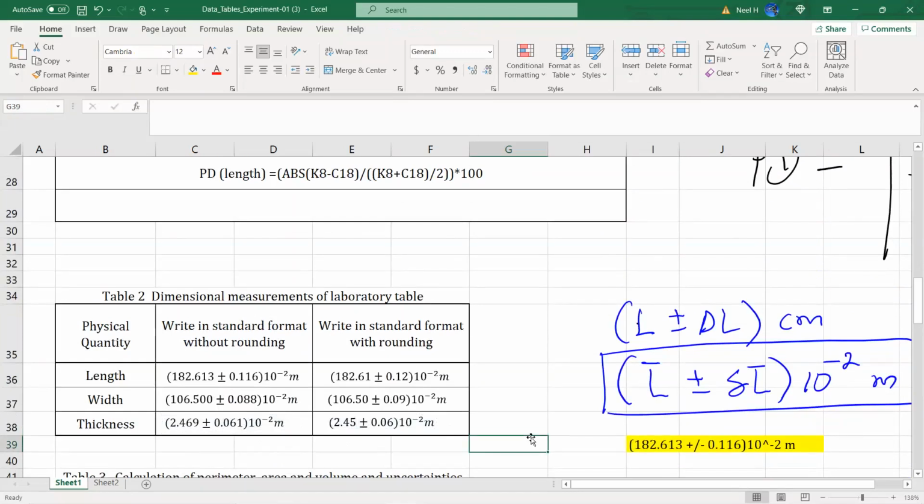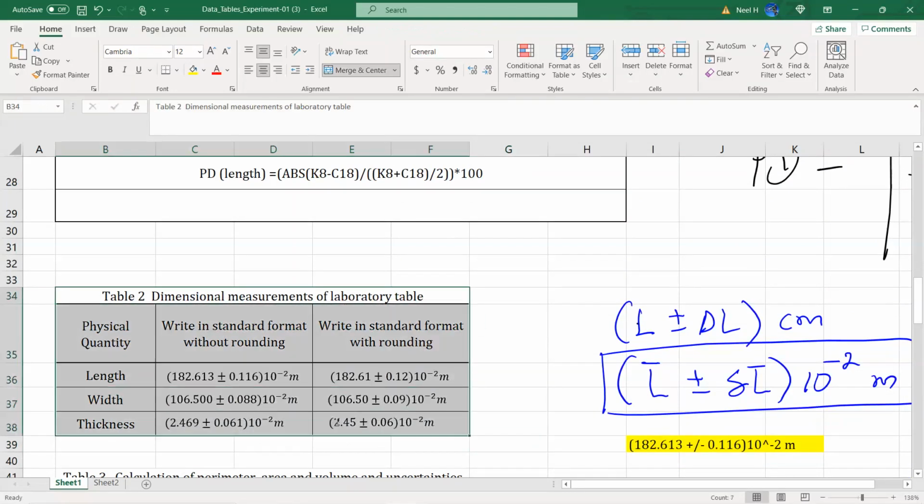So with every experiment as we go on, this table right here may not be a table in the next experiment, because actually this is a results part. So that will be part of the discussion. So there will not be a data table particularly asking for that.